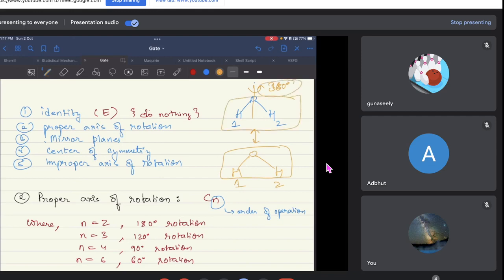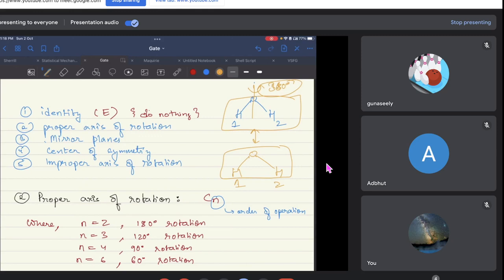We have done only the full rotation, and my molecule comes back to the original configuration. That's why we have done nothing, so this is the identity, and it is found in every single symmetric molecule. When we apply some symmetry operation, the identity is always present there.